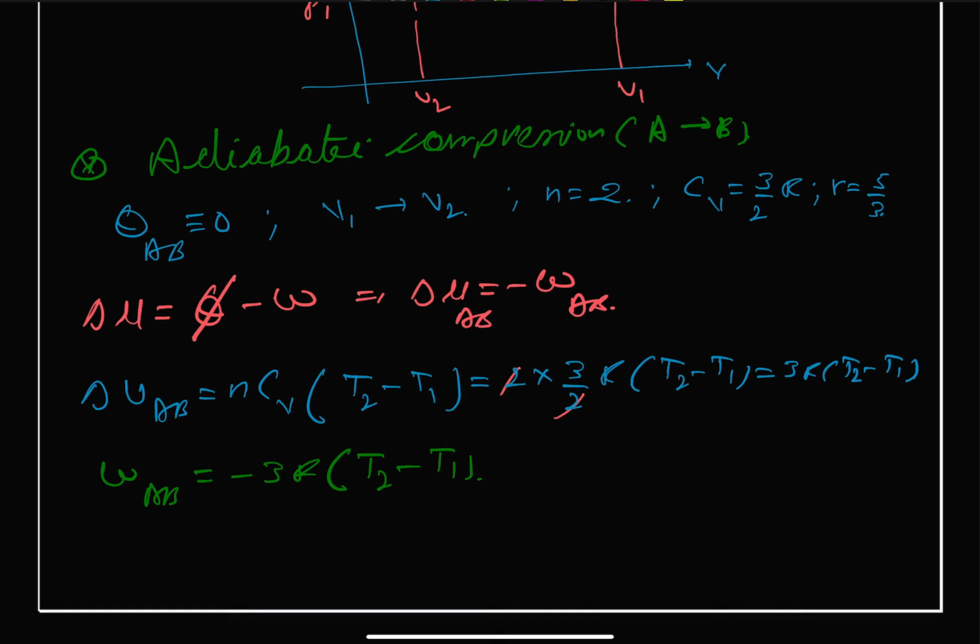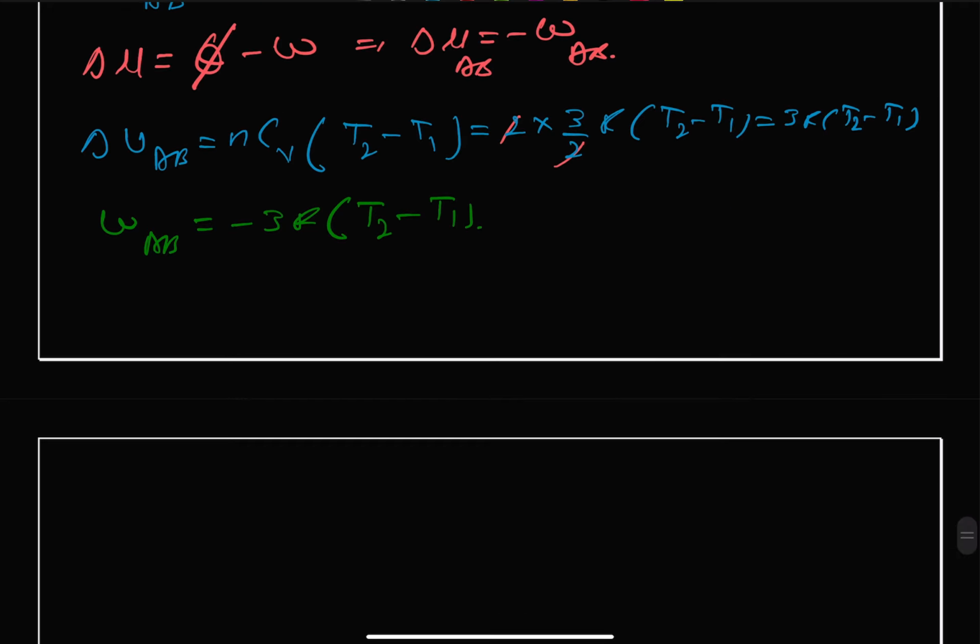And we have to find out the temperature also, because then we can find out the work. Let's find out the temperature now. We can use our ideal gas equation, PV is equal to nRT.